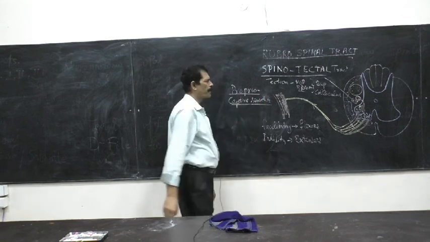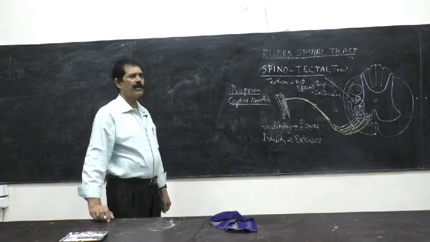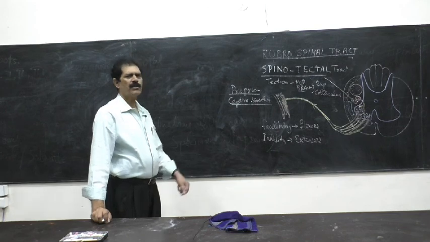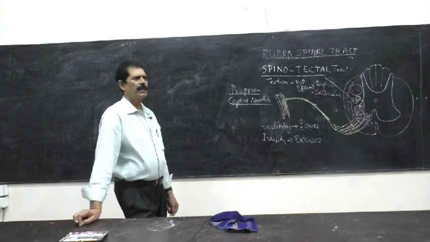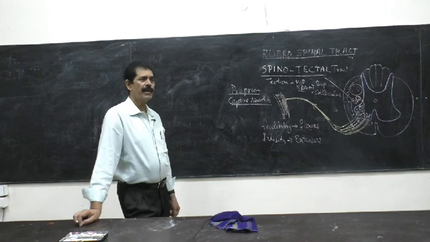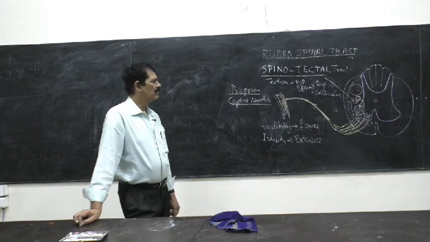As they go to the superior colliculus, from the superior colliculus the fibers go up into the cerebral cortex and also to the thalamus.